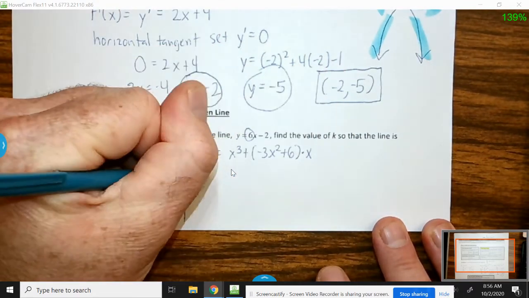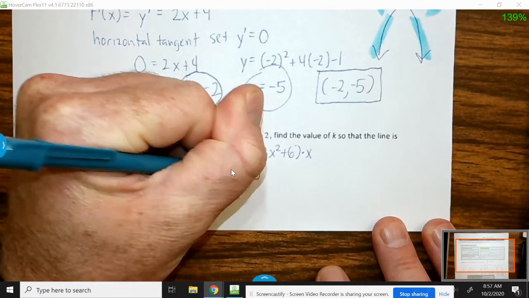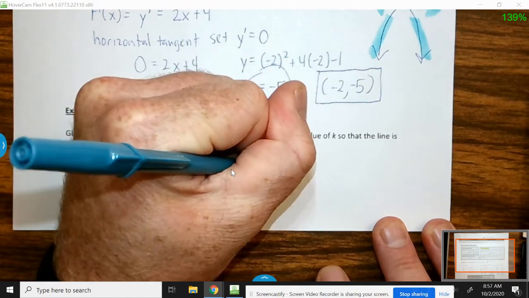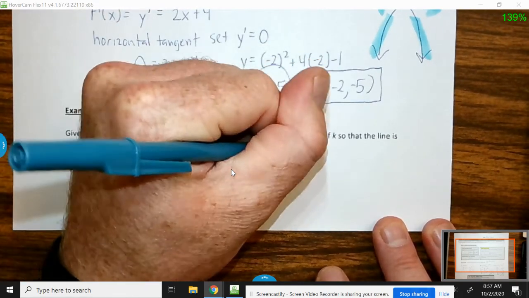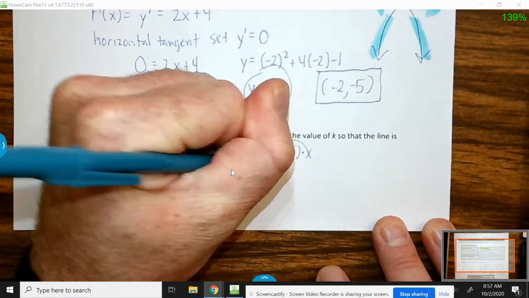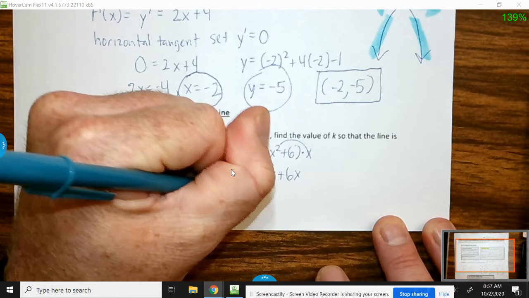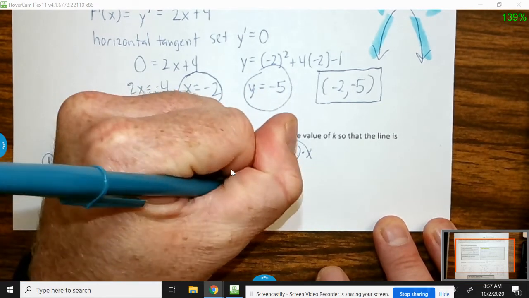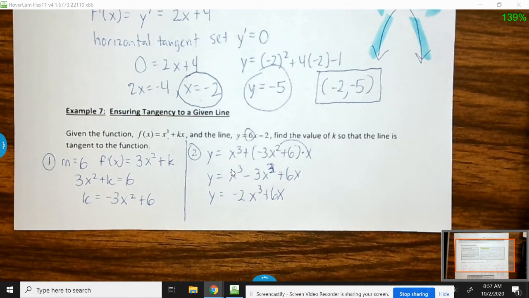And distributing that, I would get x cubed minus 3x squared. Let's see here. No, that would be negative 3x to the third plus 6x, or negative 2x to the third plus 6x.